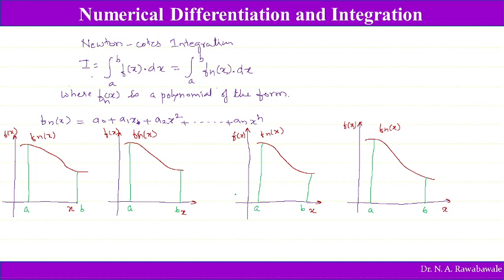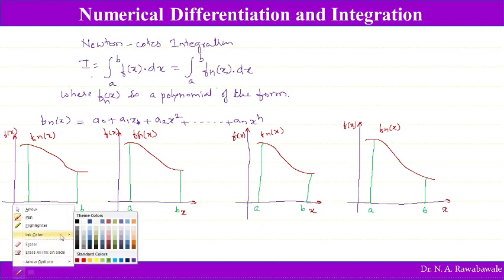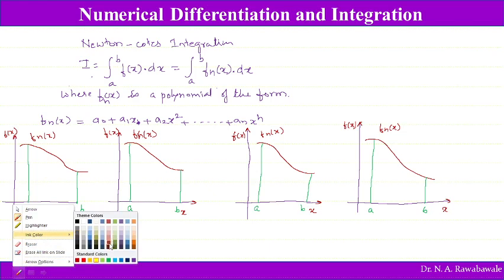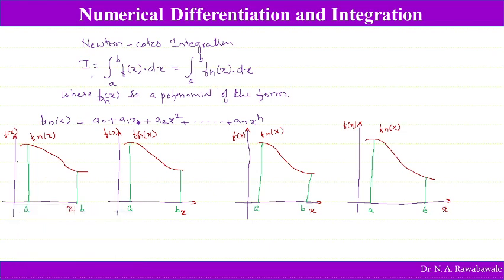Now see here, we want to find out the area where in the first case we take a first order polynomial, a straight line.